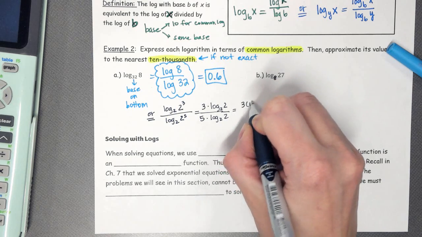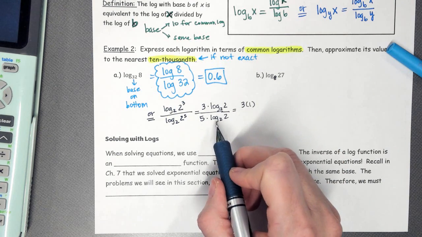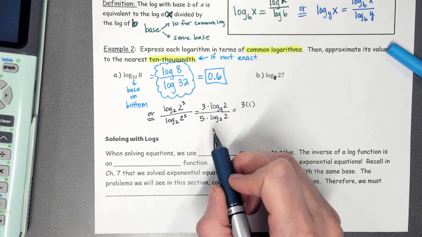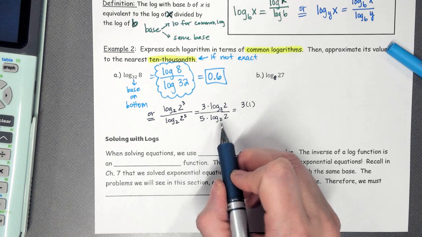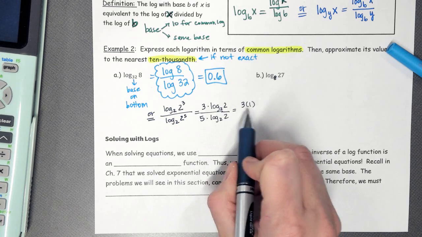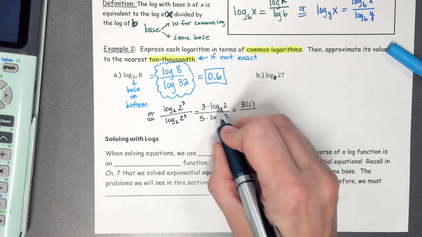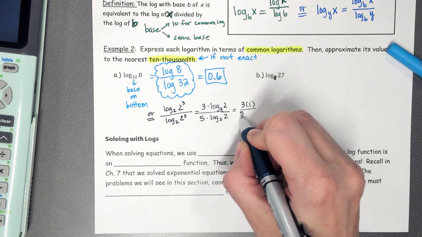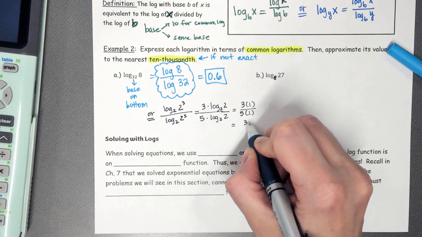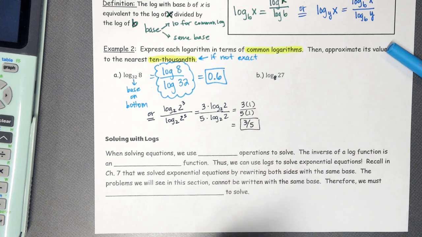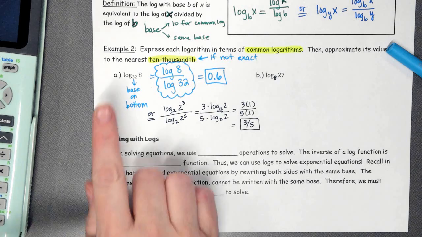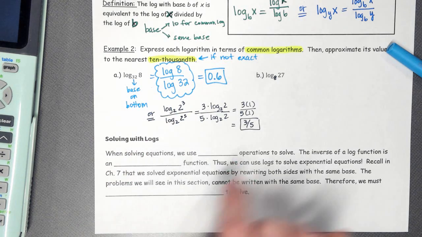You could think of it as, oh yeah, remember, logs assess the relationship between a base and an exponent. So 2 to what power is 2? It's 1. That's why the log base 2 of 2 is 1. Okay, so yeah, this would be 3/5, which in turn is 0.6. So you can only do that if you can rewrite it with the same base.